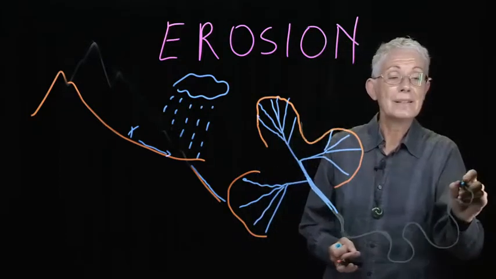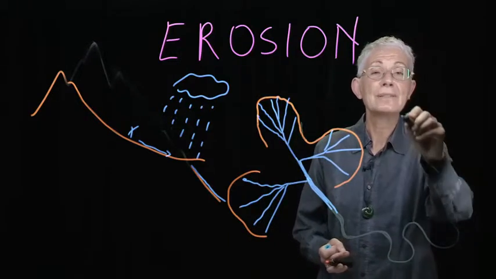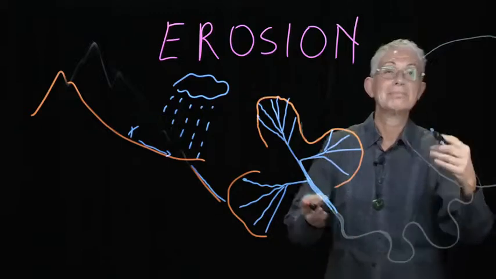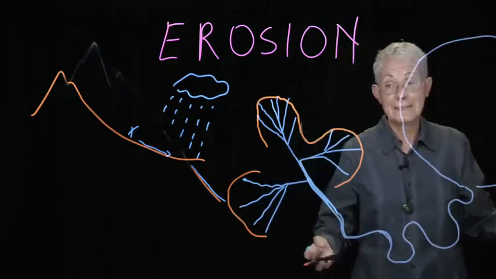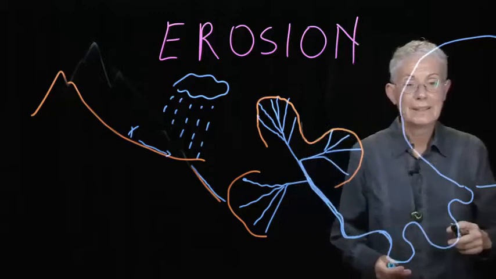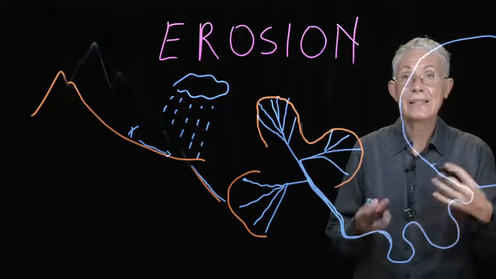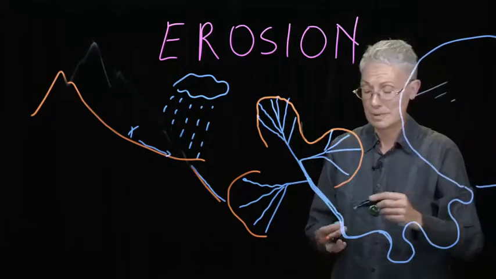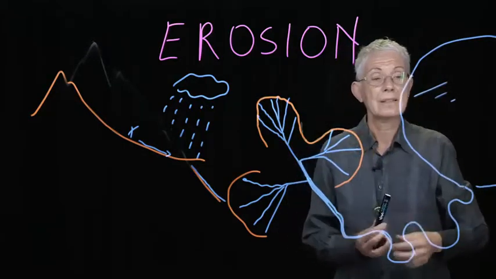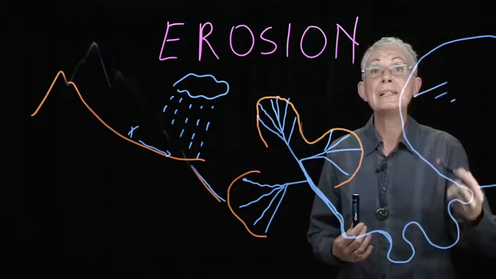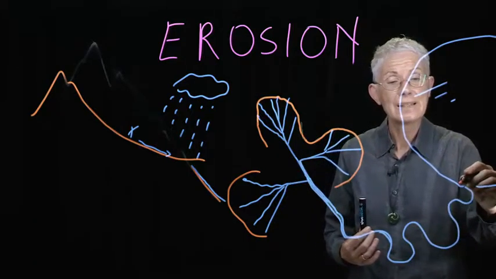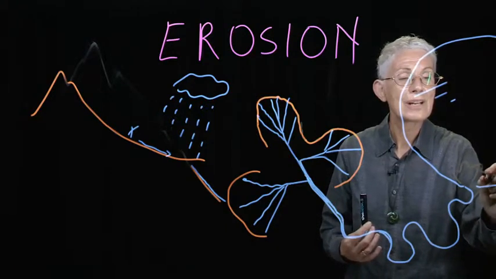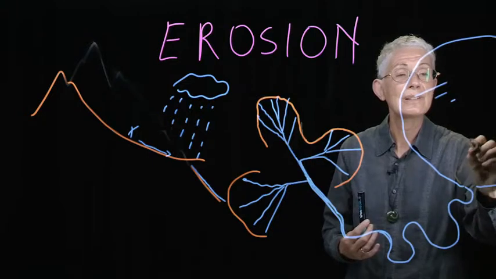And then it might encounter a lake, like a caldera lake. And because it still carries material, and this is a body of still water, what it will do is it will deposit, and it will form a shape like this called a delta.